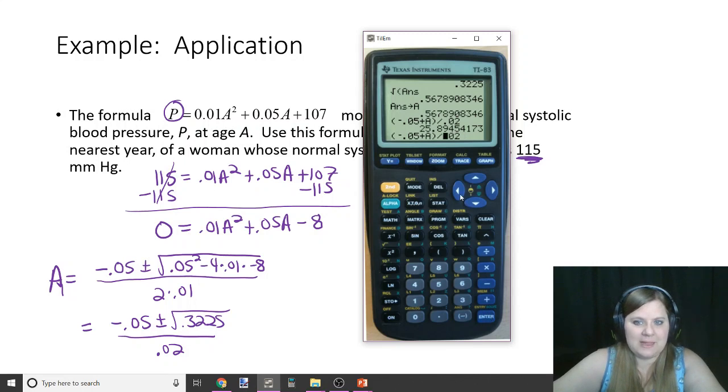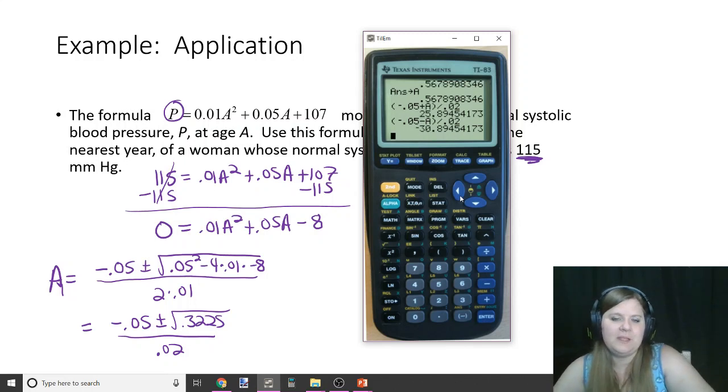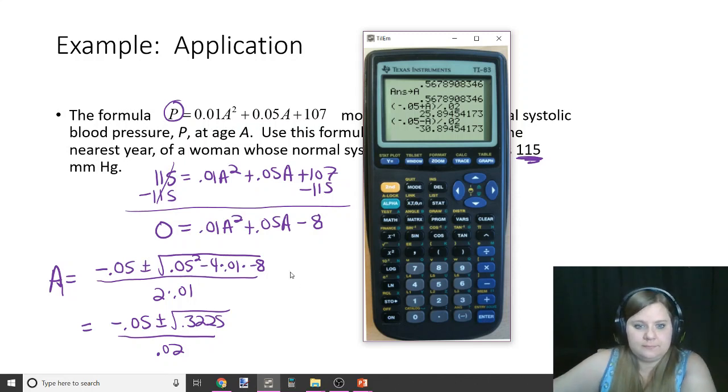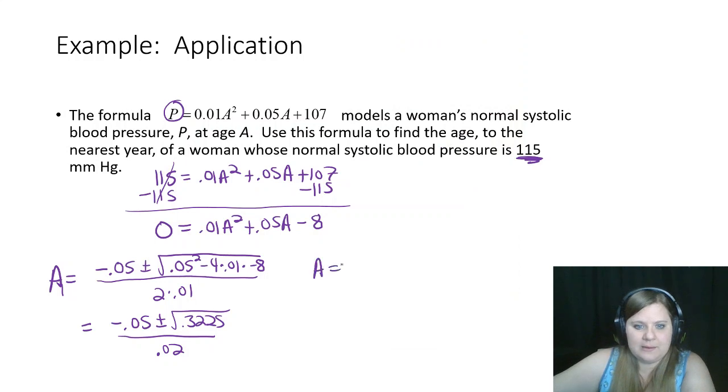And I'm just going to go back and change this to minus for my second answer. So I get two answers. I get A equals, we'll say 25.9 and negative 30.9.